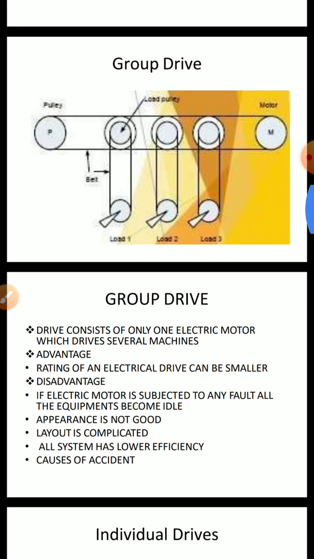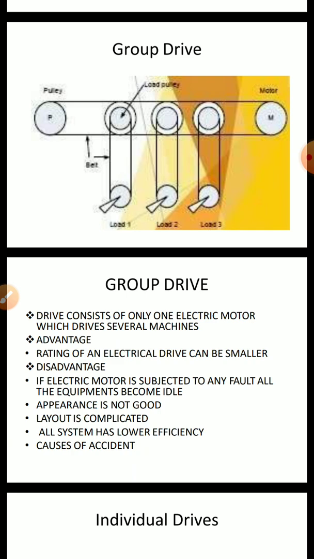In a group drive, basically there is an arranged pulley and a motor with a number of loads: load 1, load 2, load 3 and likewise. In case of the group drive, the drive consists of only one electric motor which drives several machines.